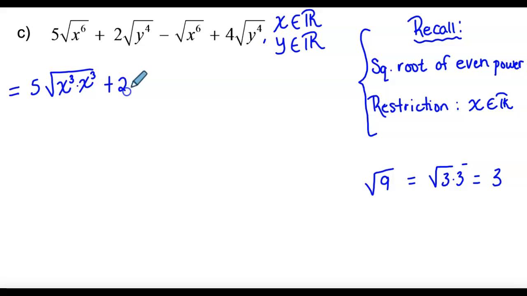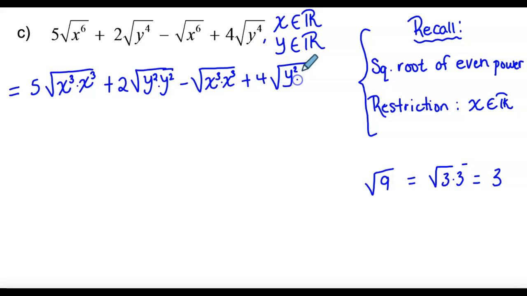Similarly, we would have 2 times the square root of y squared times y squared. And then we would subtract the square root of x cubed times x cubed, plus 4 times the square root of, we could write y to the power of 4 as y squared times y squared.